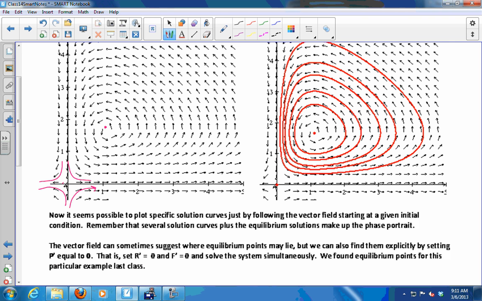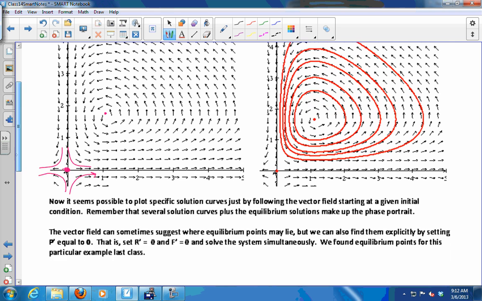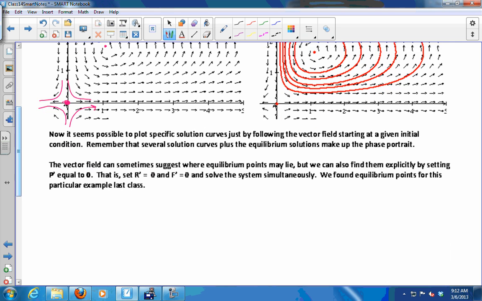There's something special happening right at the origin, probably an equilibrium point. So it can suggest where equilibrium points are, and then we can find them analytically by setting each differential equation to 0 and solving that system of equations. For this particular example, we found both of those equilibrium points last class.